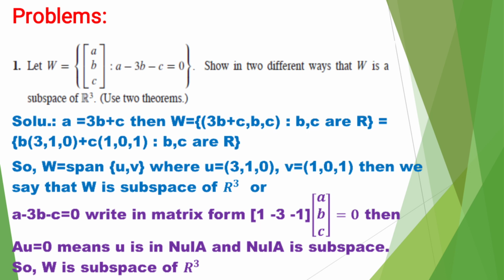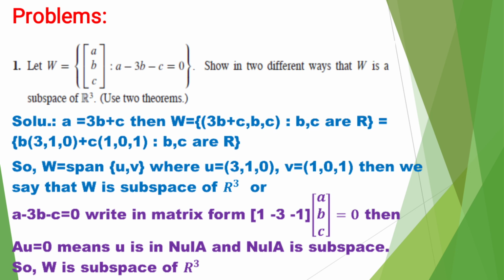So we write B times (3, 1, 0) plus C times (1, 0, 1), such that B, C belong to R.